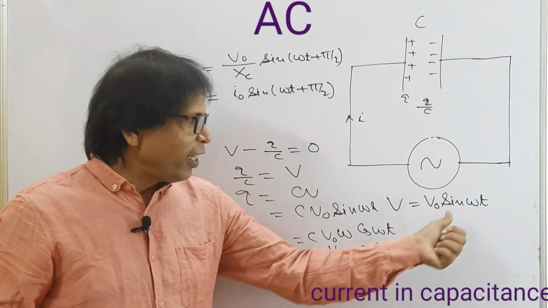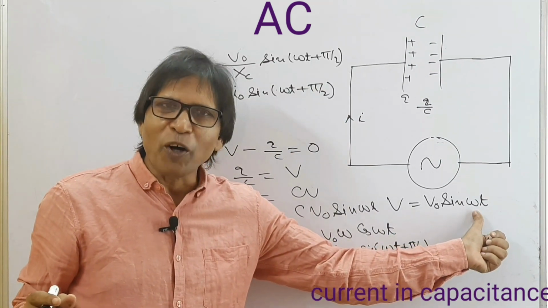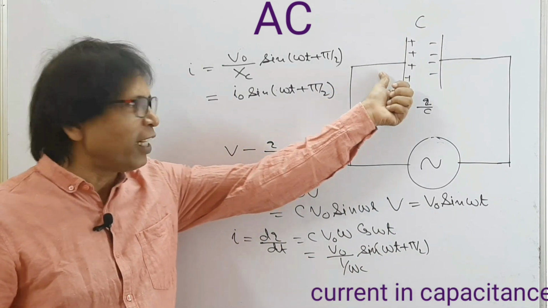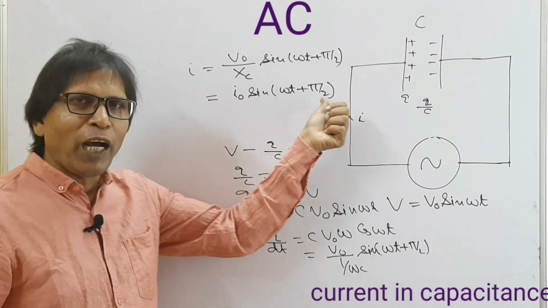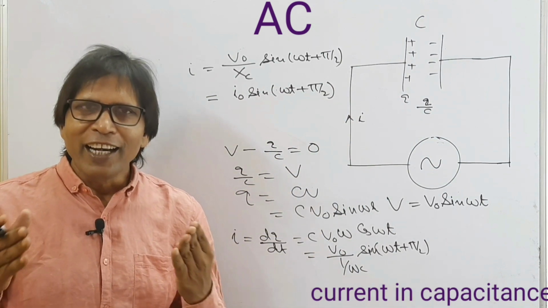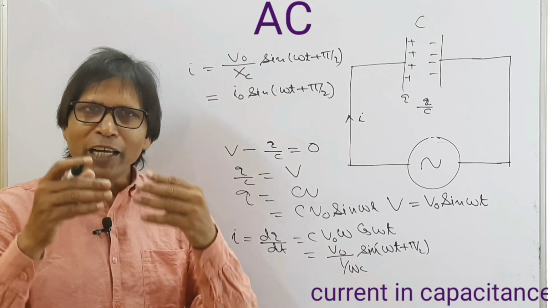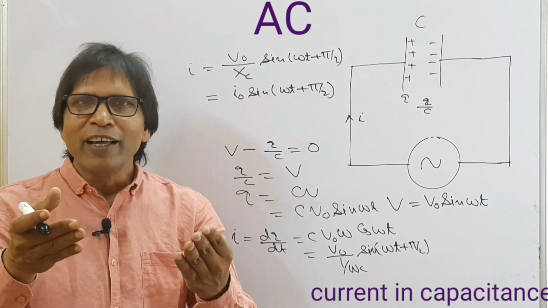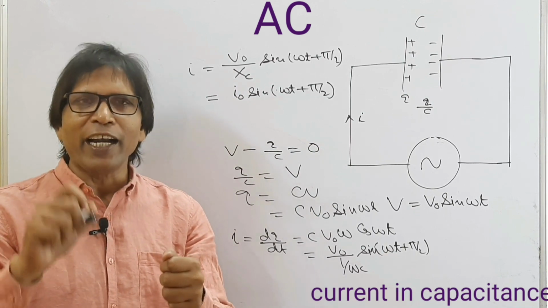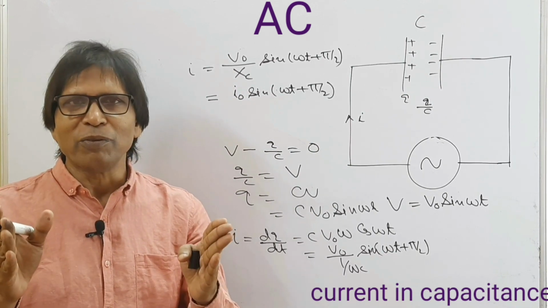Look at this. Here the phase of the voltage is omega t, but the phase of the current in the capacitor is omega t plus pi by 2. So current in a capacitive circuit leads the voltage by pi by 2. Therefore, the capacitive voltage lags behind the current by pi by 2.